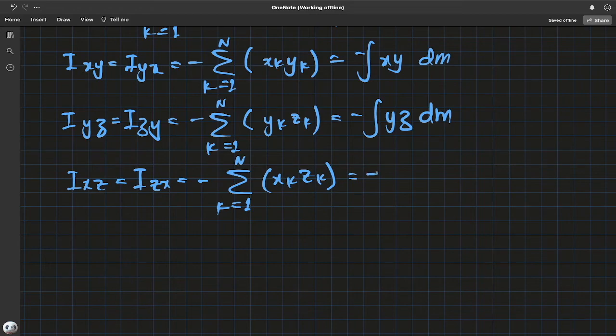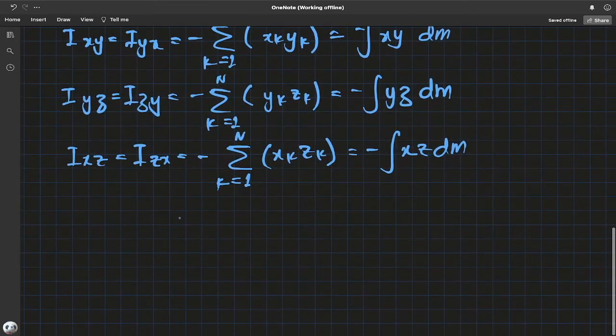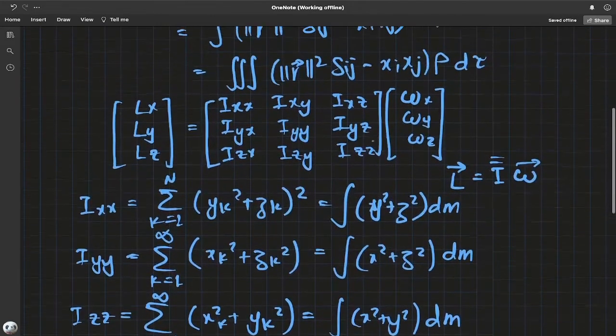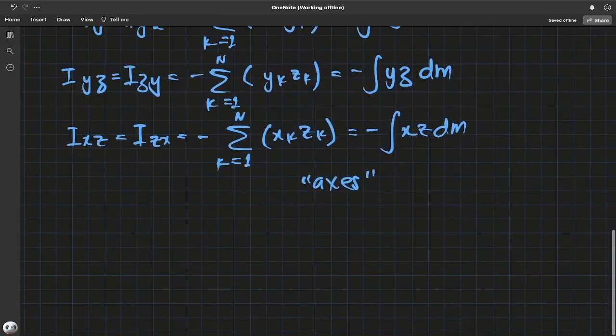I mean, if you provide some amount of torque, it'll rotate by less amount compared to some other axis. So the axes are important here. That's why it probably makes sense to write the moment of inertia as a tensor and not just a scalar, like mass is a scalar in translational motion.